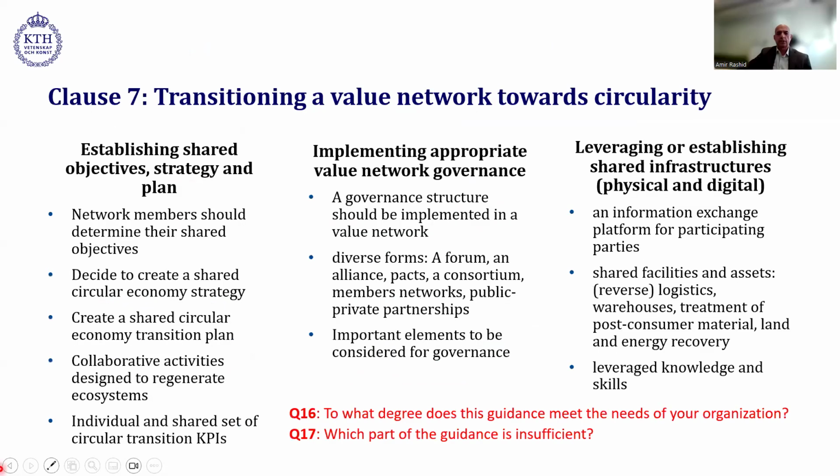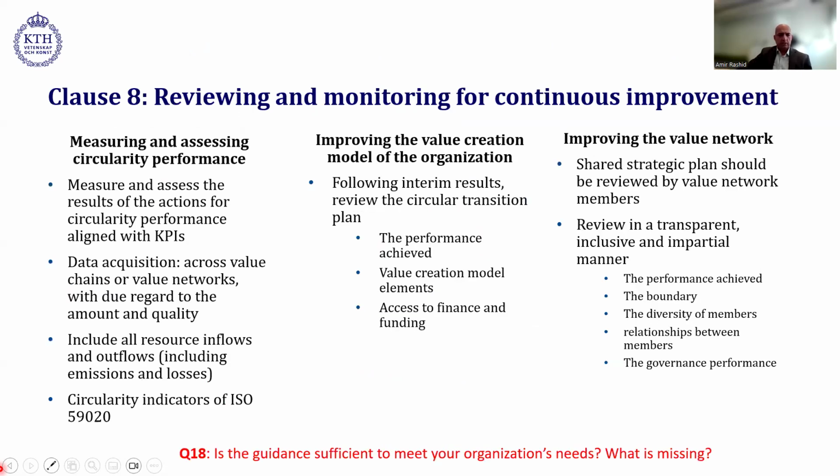Yes, thank you. I think I will spend more time here because this is just the further explanation of the three headings. So they're self-explaining. Reviewing and monitoring of the continuous improvement. Here we are talking about measuring, assessing, and improving the value creation model of the organization, and improving the value network.